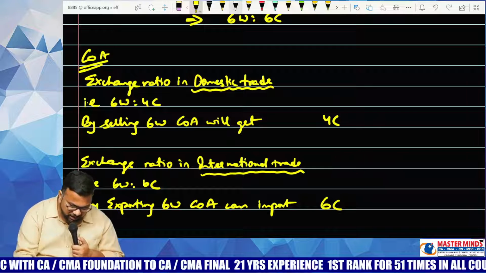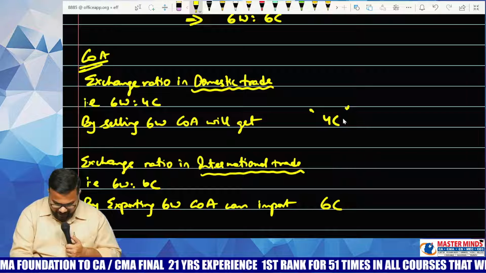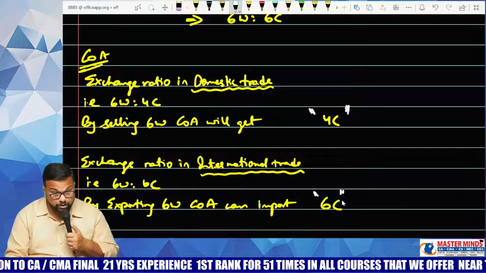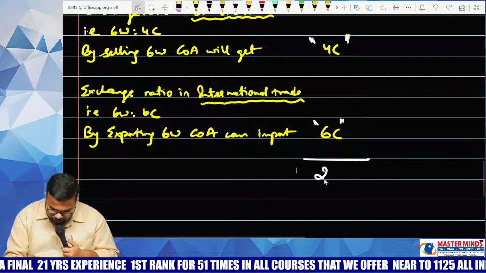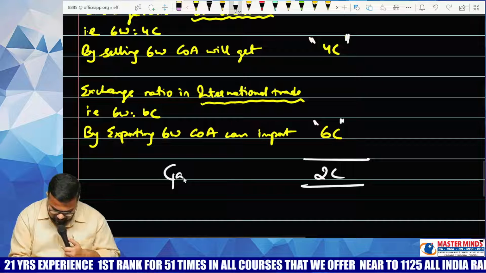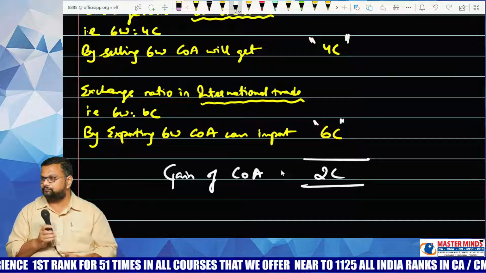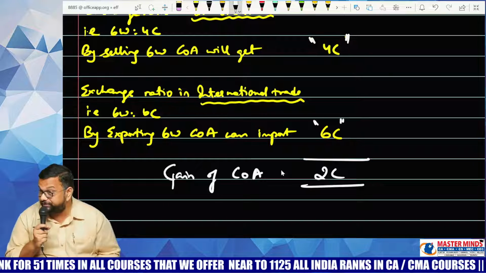Now within the country it is getting only 4C, right? But when it is participating in international trade, it is getting how many Cs? It is getting 2 Cs more than domestic trade. So the difference is nothing but 2C, which is a gain for country A.